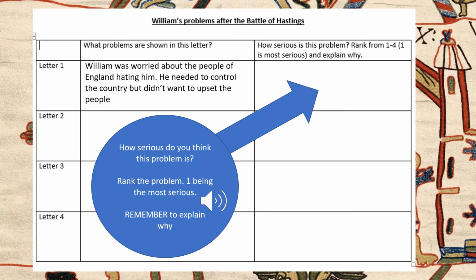Next, you need to decide how serious you think this problem is. So if you think this problem is really serious, you would be ranking that 1, and then explain why. If you don't think this problem is that serious, you would be ranking it a 4. Remember, always explain why. Please do this now.